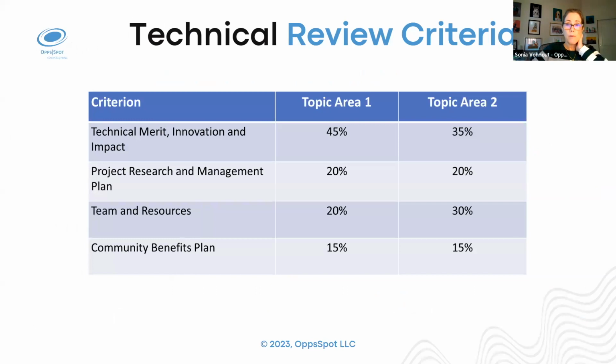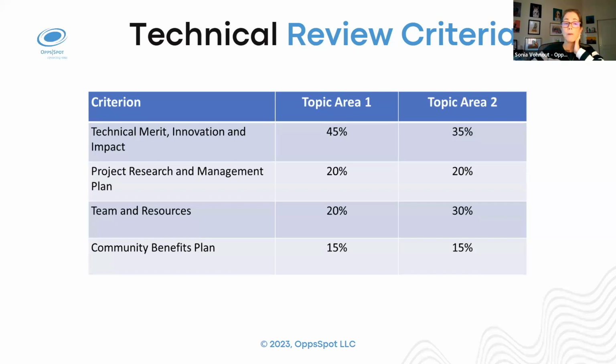For the technical review criteria, here's kind of the breakdown for each of the topics. And note that it's slightly different, right? Most likely the difference here comes because in topic 2, you're also doing demonstration. So how you're going to be doing it in your team is probably going to be more critical than in the other one.